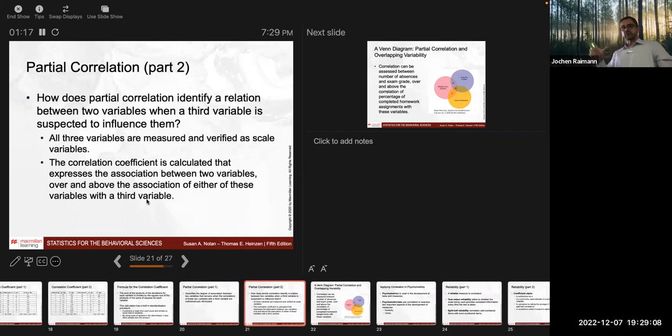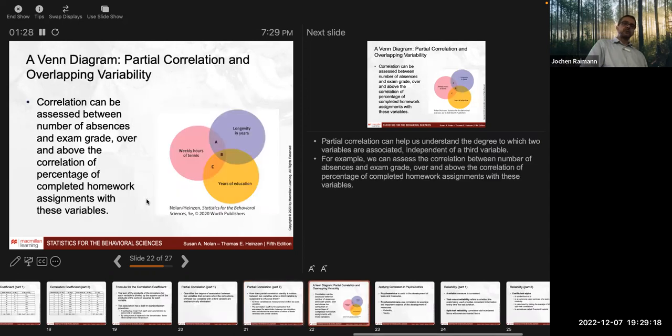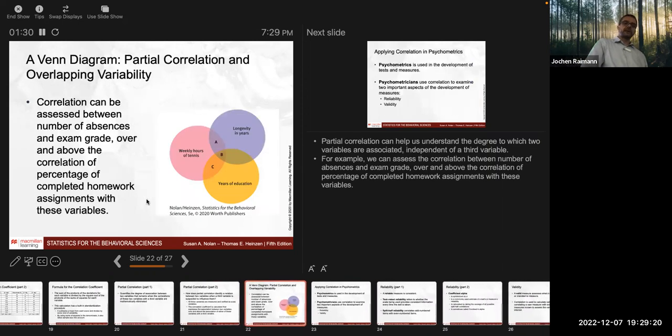So if you have 3 variables, you can use correlation analysis to find the respective weights in your prediction. Again, it could be an association with different variables.